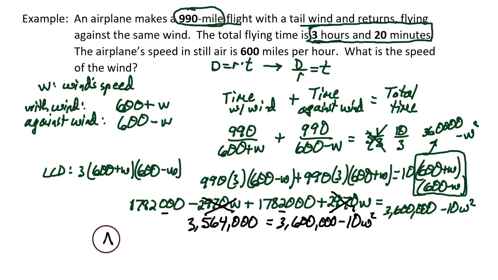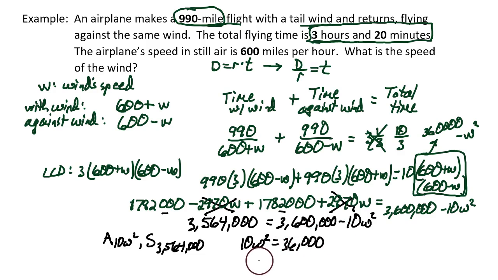Next up, let's add the 10w squared to move it to the left side and subtract the 3,564,000 to move it to the right side of the equation. We would get 10w squared equals 36,000. Now divide by 10. W squared equals 3,600.